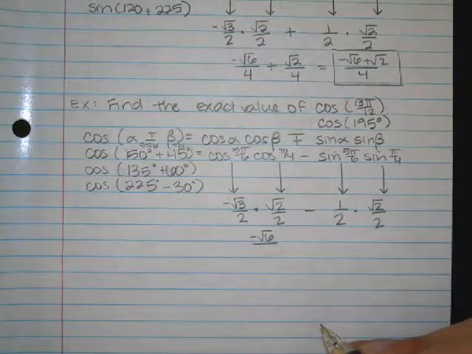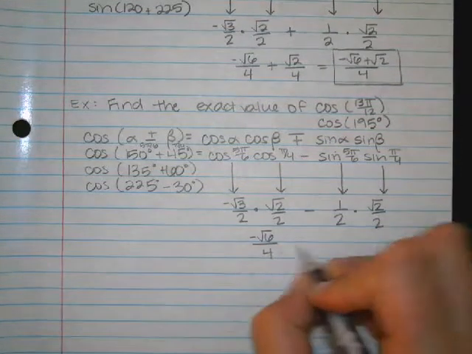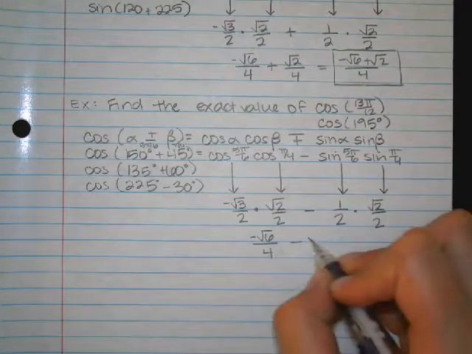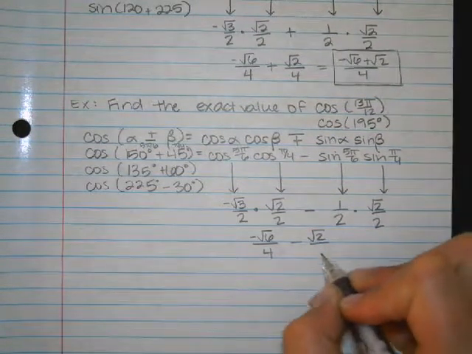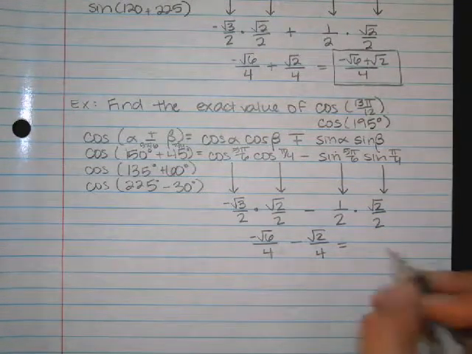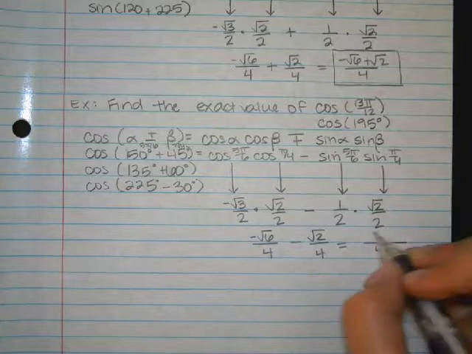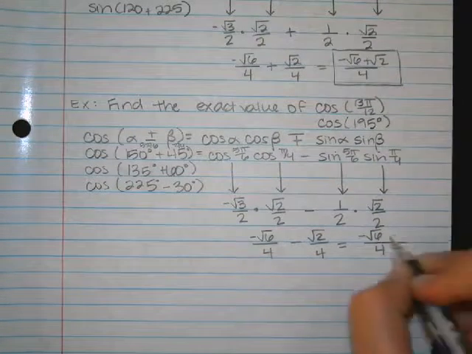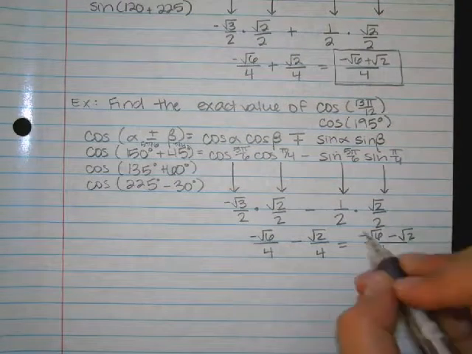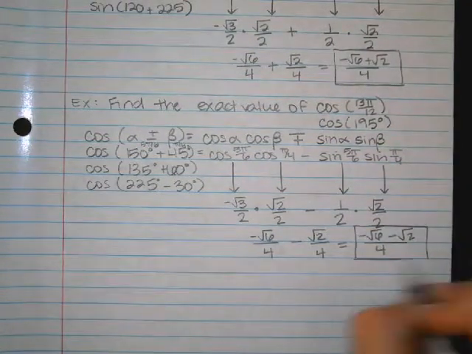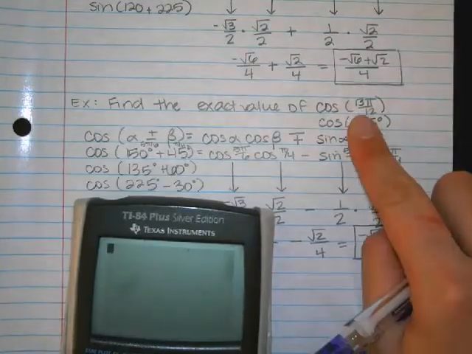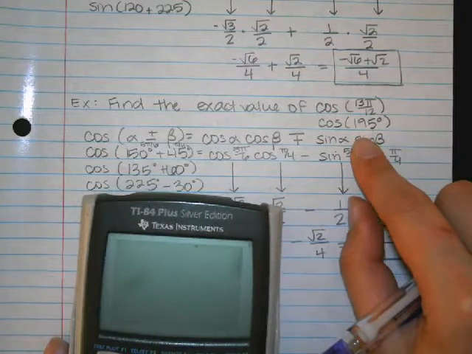Negative root 6 over 4 minus, we almost just did this, root 2 over 4, and that equals negative root 6 minus root 2 over 4. Let's check our answer. Do you want to check cos of 13 pi 12ths or cos of 195?